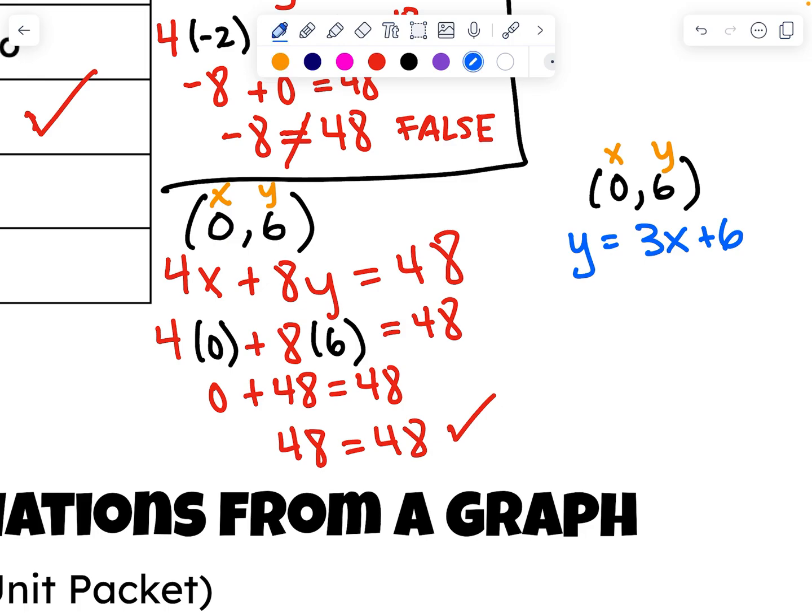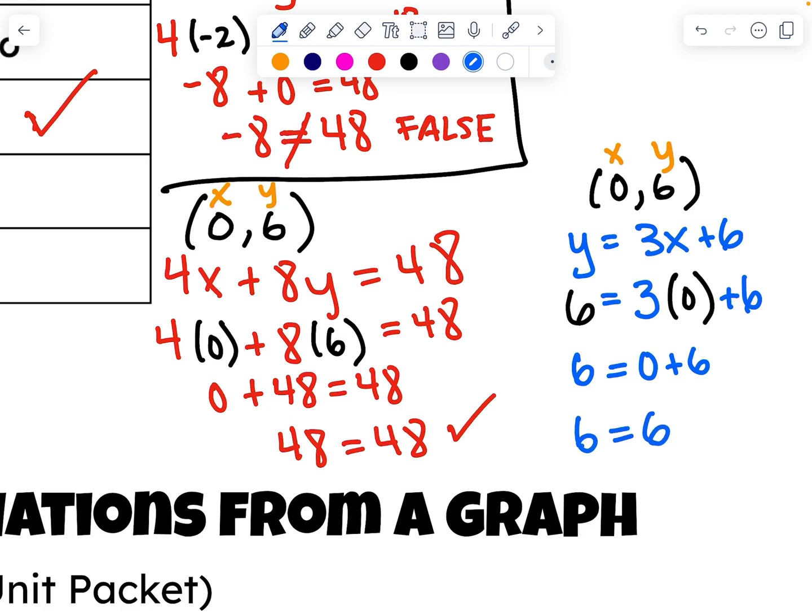Okay, I've got a y coordinate of 6, so I'll plug it right in there for y. Equals 3 times, got an x coordinate of 0, so that's going to go right there. Okay, 3 times 0 is 0, and 0 plus 6 is 6. And I get 6 equals 6, which is indeed true.